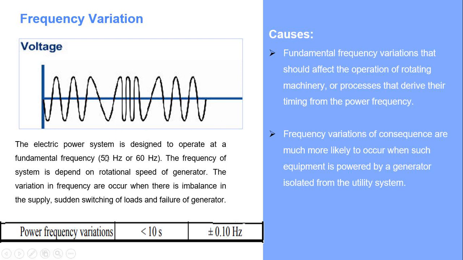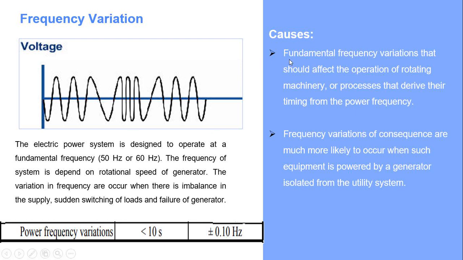Frequency variation. The electric power system is designed to operate at a fundamental frequency. The frequency of the system depends on the rotational speed of the generator. Variations in frequency occur when there is an imbalance in the supply, sudden switching of loads and failure of the generator.